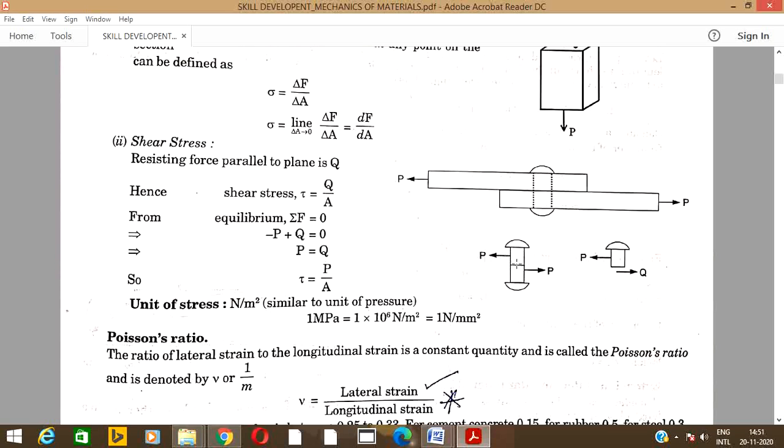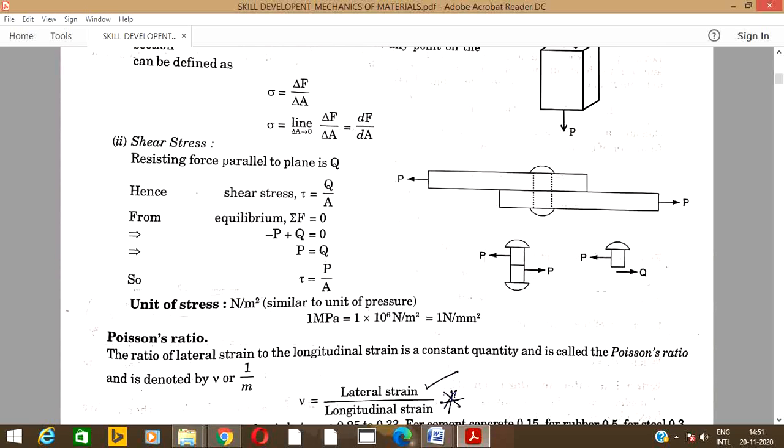This is the section of the rivet which is going to resist the external force P. When this force exceeds the resistance of the rivet, what happens? There will be a separation of these parts. This rivet will separate into two parts like this.